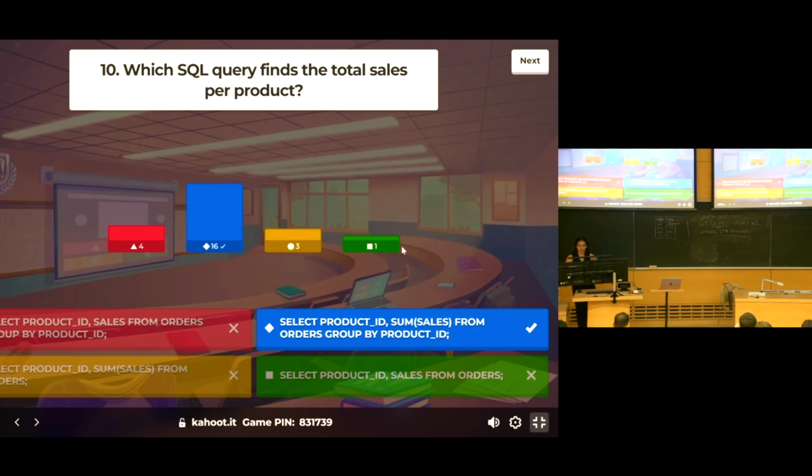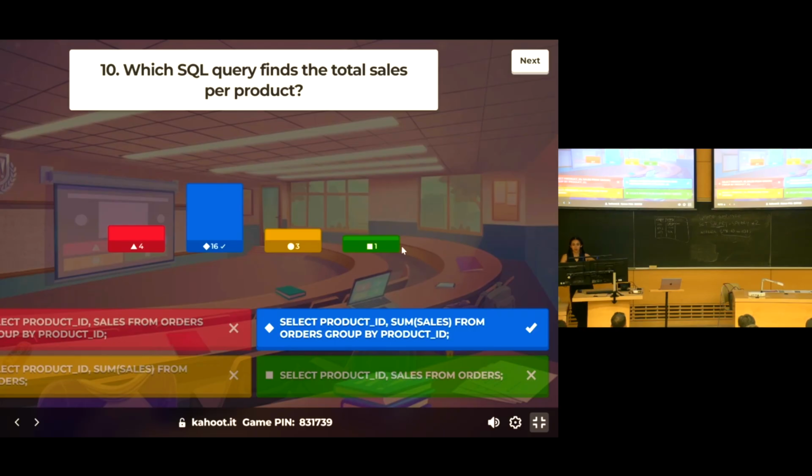SELECT product ID, sales FROM orders GROUP BY product ID. What does the first query do? We want the sum of sales, right? We ask for the total sales per product. So we have to provide product ID and sum of total sales for each product.